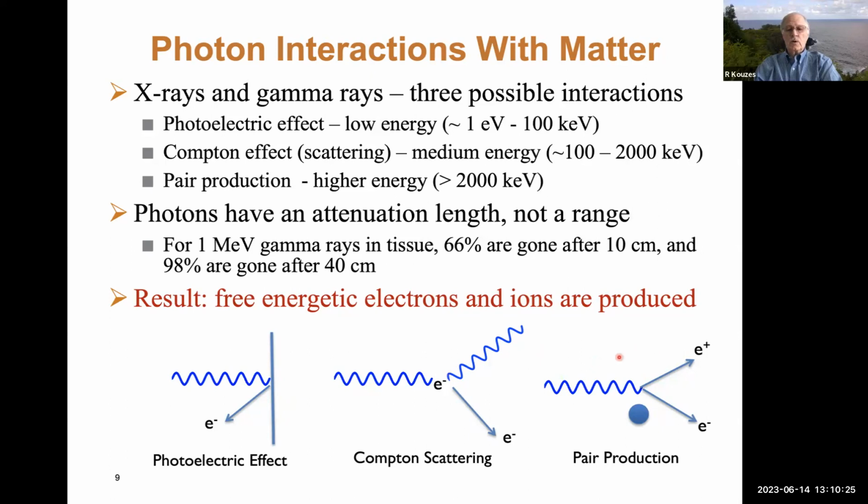So these 3 processes all cause the loss of energy by photons in matter by producing energetic electrons and positrons. These electrons and positrons then lose energy by producing more electrons and ions within the material. And so the net result of photon interaction in matter is energetic electrons and ions are produced.